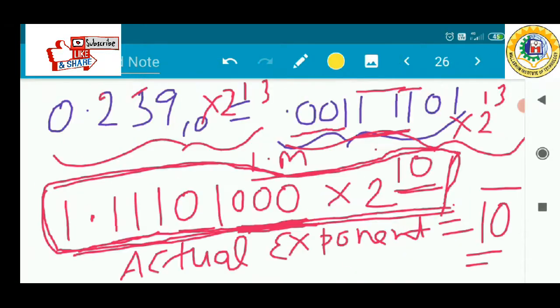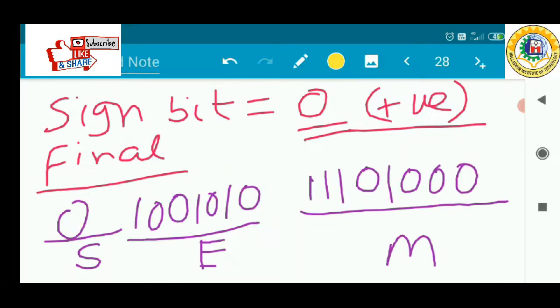So I am converting this into the corresponding hexadecimal. Grouping in 4 bits each: 1 2 3 4, 1 2 3 4, again 1 2 3 4 and 1 2 3 4.